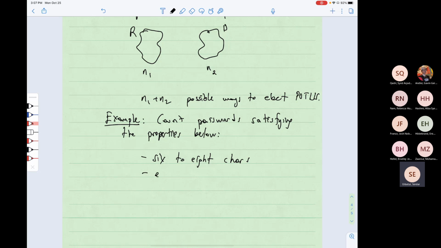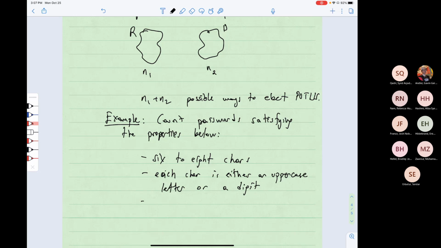And each character is either an uppercase letter or a digit.